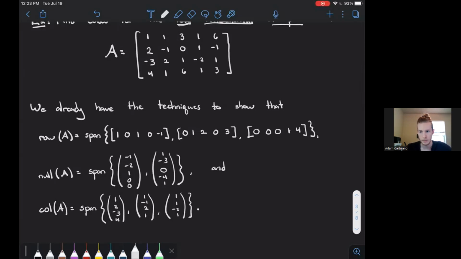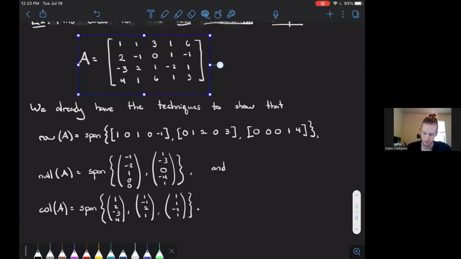Okay, for the column space, what you do is look at the reduced row echelon form of your matrix A, go to the original matrix, and circle whichever columns show up. Oh, I guess I should tell you what the reduced row echelon form of this matrix is. Let me just do that real quick. You can see it right here, but it's nice to be able to refer to it.